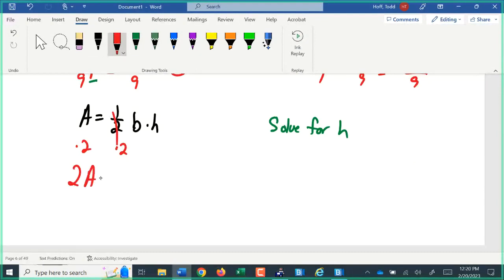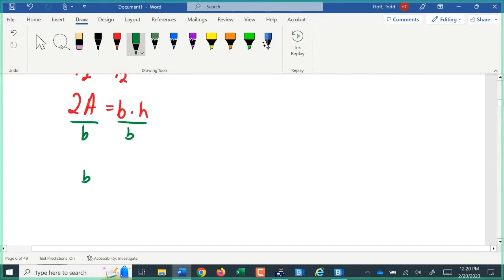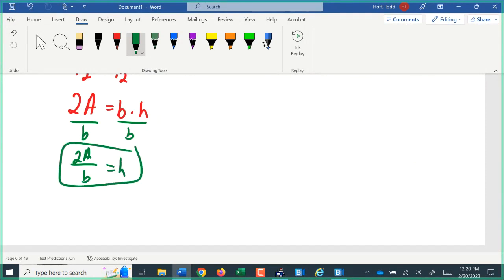So 2A equals B times H. And then divide by B to get rid of the B. So 2A over B equals H. So it's just a matter of letting those variables stack up.